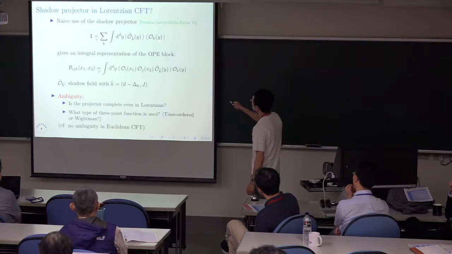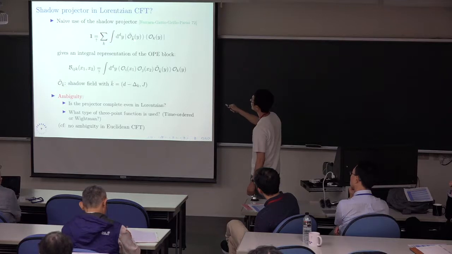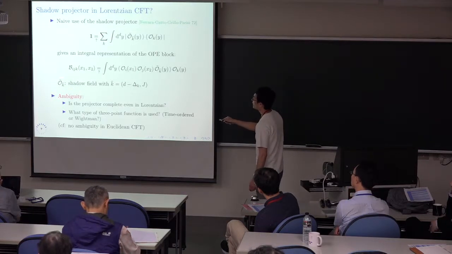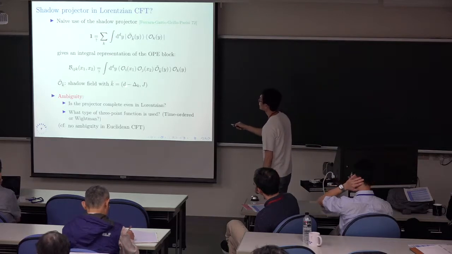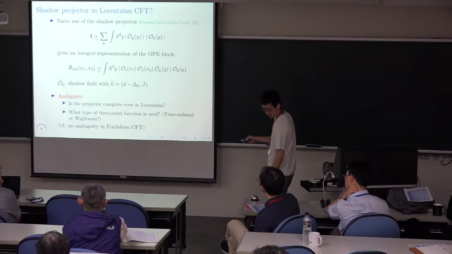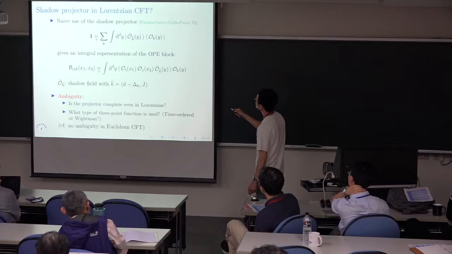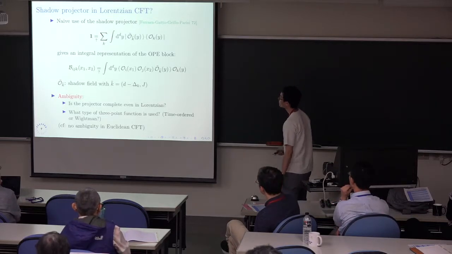This projector is constructed by using the so-called shadow operator, O tilde. Here O tilde transforms in the representation K bar, which has a different conformal dimension. This is the shadow field with dimension d minus delta_K. And you just prepare the ket states for the shadow and then the bra for the original operator.